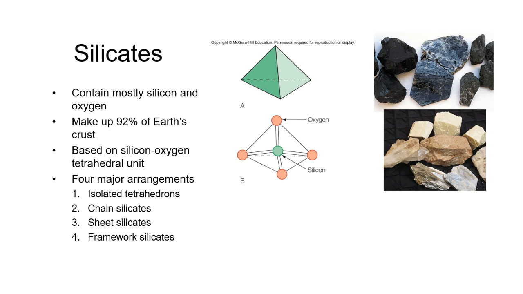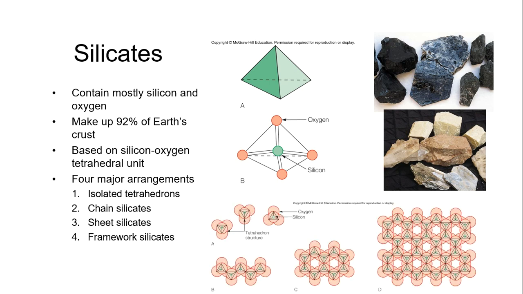Now, there are 4 different types of arrangements of these tetrahedral units. You can have an isolated tetrahedron, just one simple silicon-oxygen compound, just individual on its own. Or you can have a chain of silicates, as you see in graph B of the figure I just pulled up, where you have multiple units linked together in a long chain.